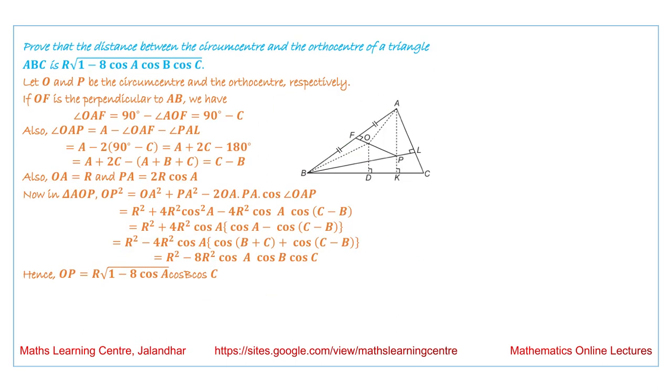Next is prove that the distance between the circumcenter and the orthocenter of a triangle ABC is R square root of 1 minus 8 cos A cos B cos C. So we have considered the triangle ABC, and we are saying that O and P are the circumcenter and the orthocenter respectively. If we are talking about OF, this length is perpendicular to AB.